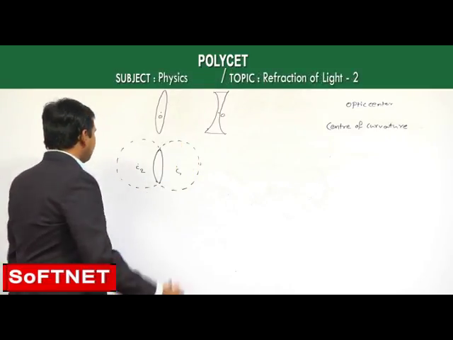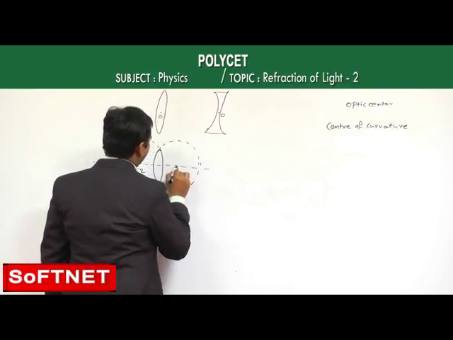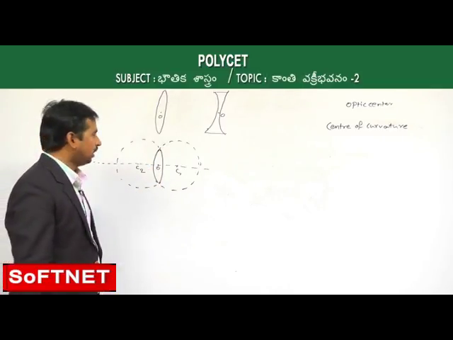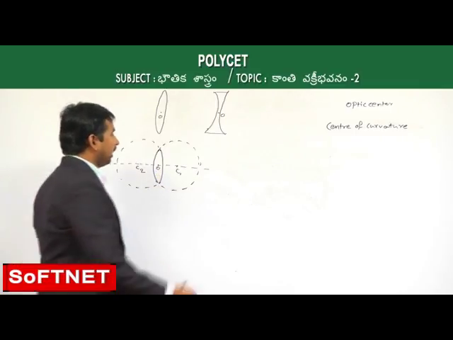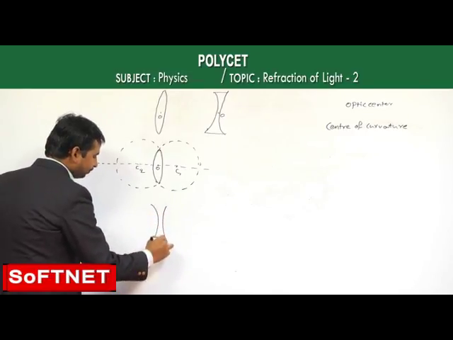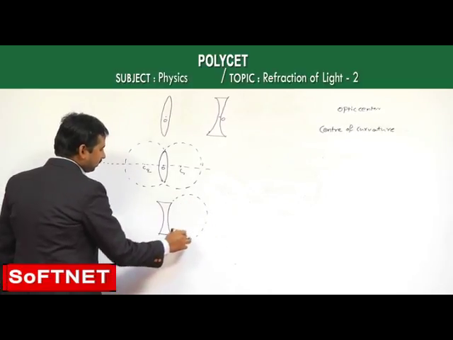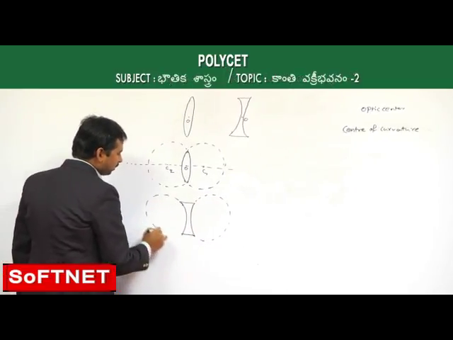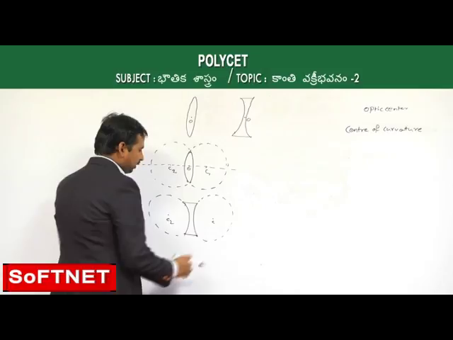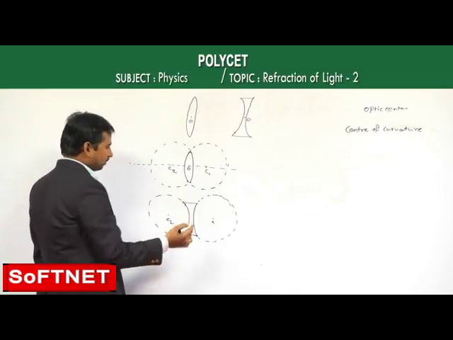Now next, take an imaginary line which passes through the centers of curvature C1 and C2, and it also passes through the optic center. This is for convex. The same way, you can take the case of concave also. If this is a double concave lens, with this curved surface taken from a sphere and this curved surface also taken from a sphere, the centers are C2 and C1, like this.